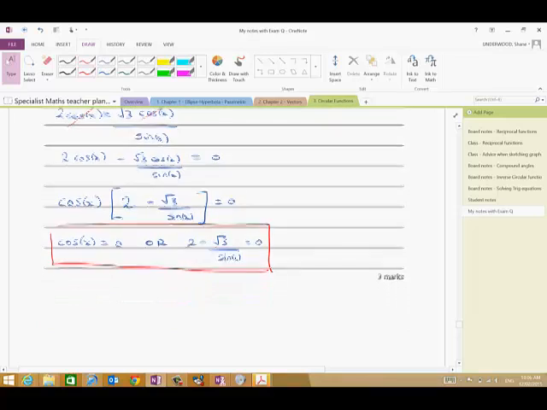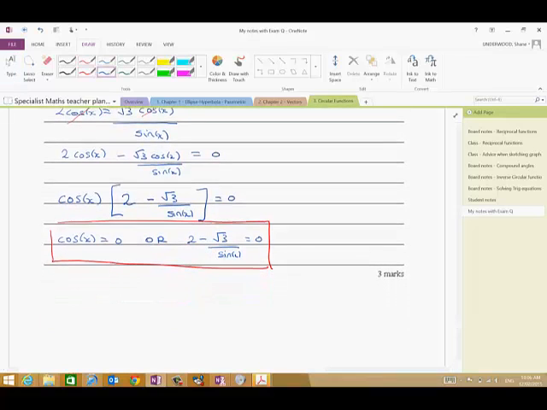So what we need to do then is we need to consider, where is cos x 0? Cos x is 0 at pi on 2, and negative pi on 2, and 3 pi on 2.